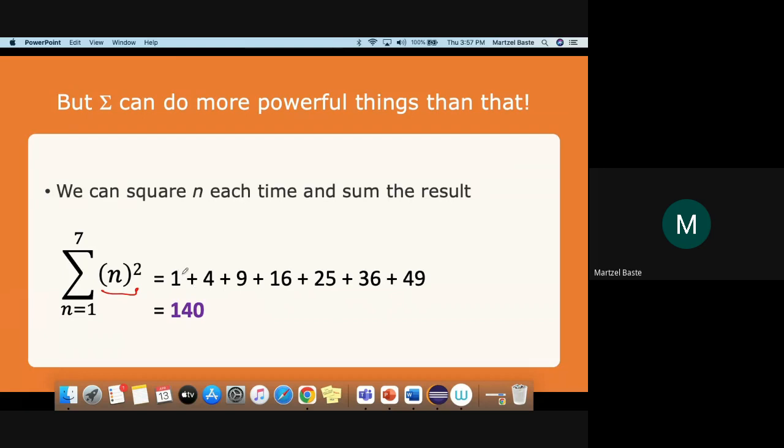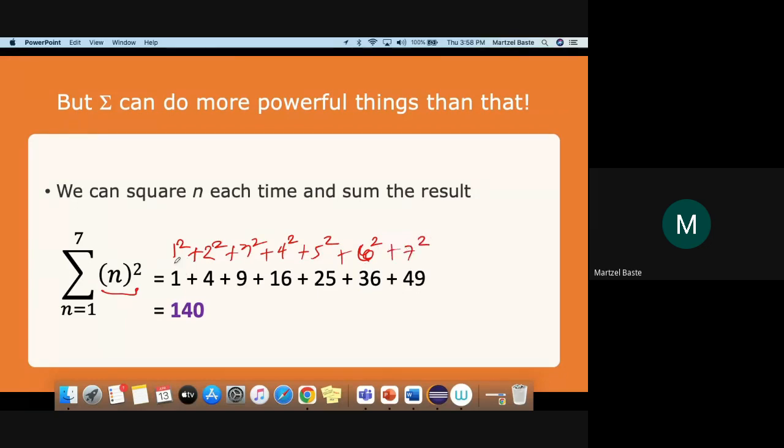So therefore, it is like 1 raised to the power of 2 plus 2 raised to the power of 2 plus 3 raised to the power of 2 plus 4 raised to the power of 2 plus 5 raised to the power of 2 plus 6 raised to the power of 2, 6 guys ha, plus 7 raised to the power of 2.